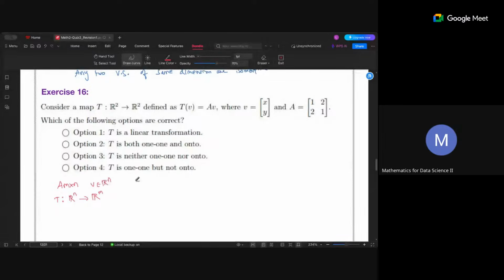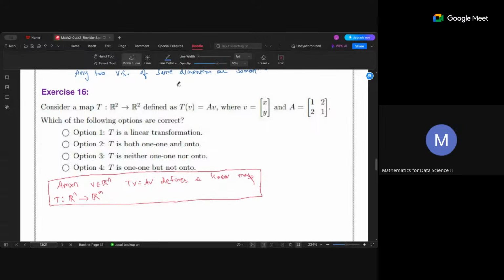Then TV equal to AV defines a linear map T from Rn to Rm. If you know this, you don't have to worry about the entries of the matrix. It always defines a linear map. So in that case, this is going to define a linear transformation.